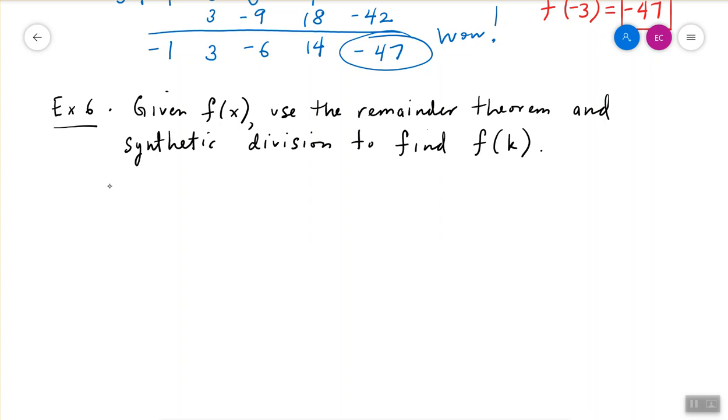And in this problem, we'll have f of x is equal to 2x cubed minus 3x squared minus 18. And we'll have k is equal to 2.